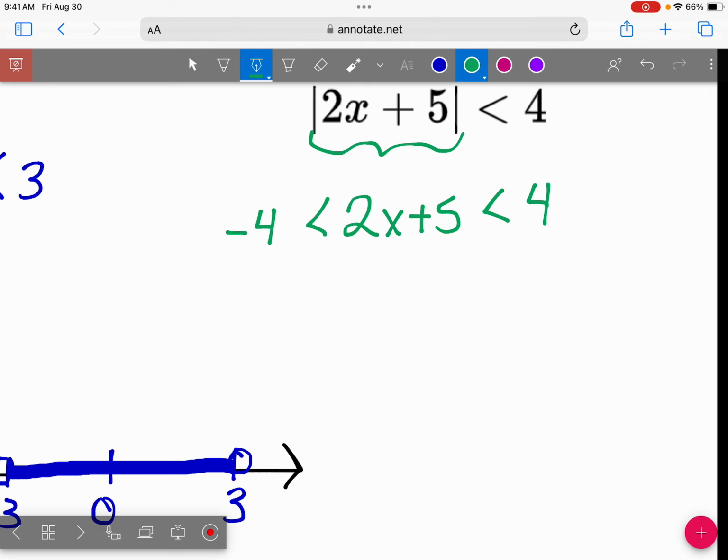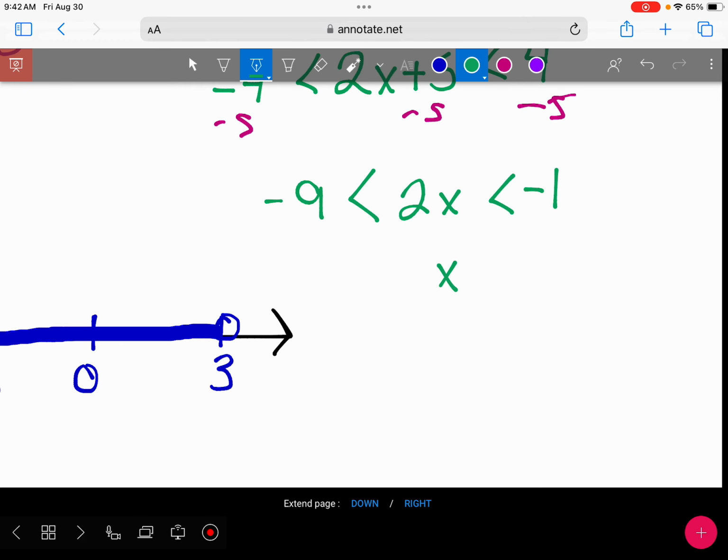Now we solve it the exact same way we did that first one. So what are we going to do first? Careful. Subtract 5. So we're going to subtract 5 here, subtract 5 here, subtract 5 here. It's going to give us negative 9 is less than 2x, which is less than negative 1.